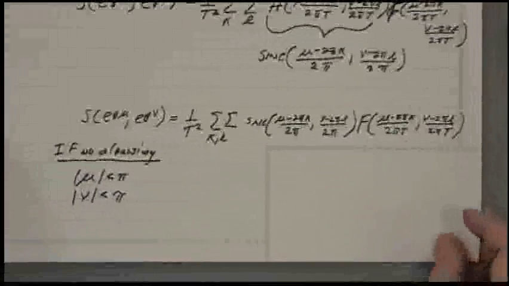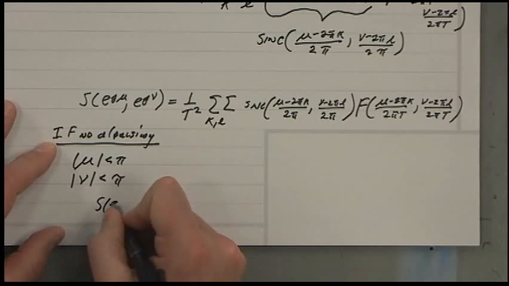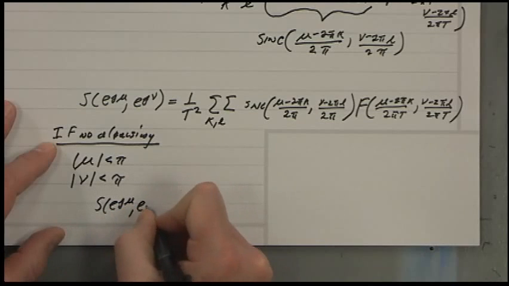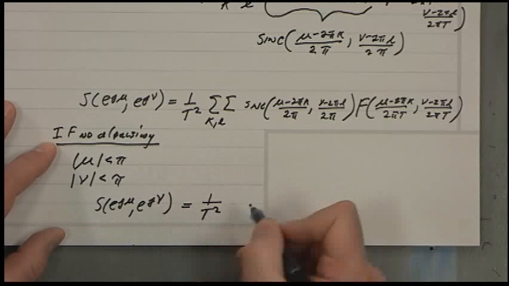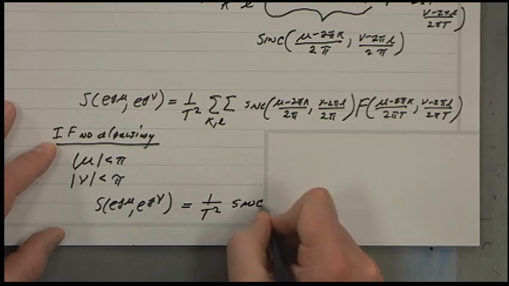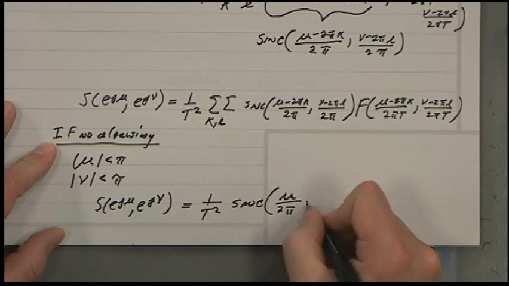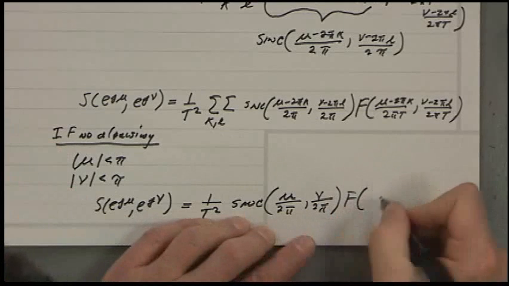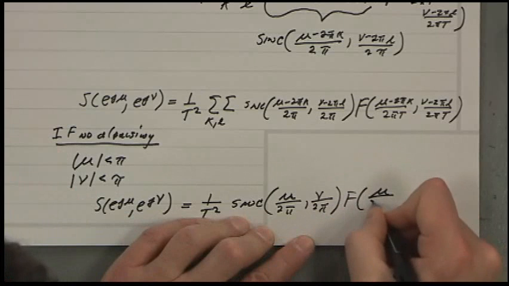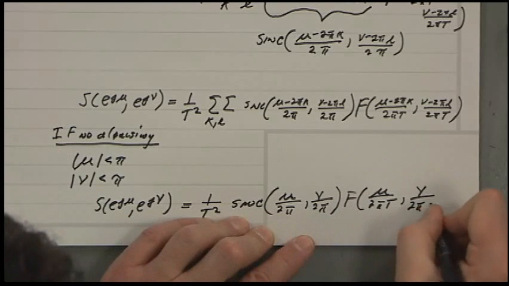For that case, I can write the formula down, and I get that S of e to the j mu, e to the j nu is equal to 1 over T squared, sinc of mu over 2 pi, nu over 2 pi, times f of mu over 2 pi T, nu over 2 pi T.